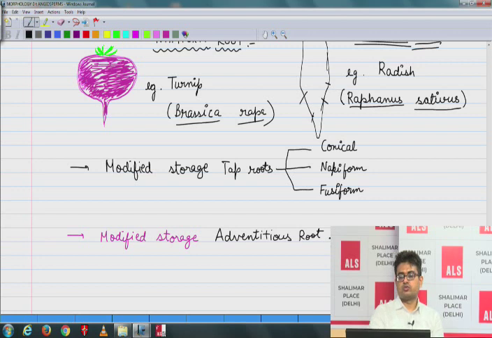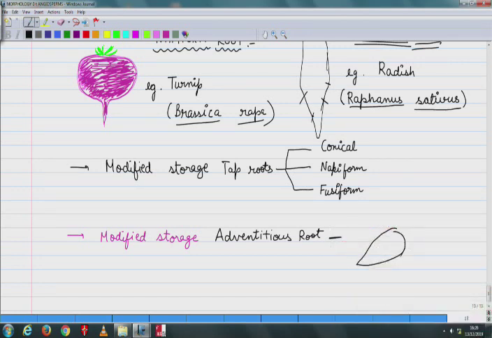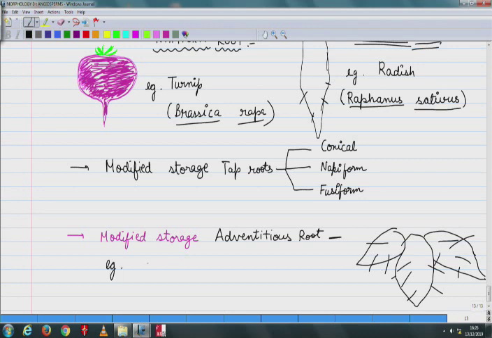The example of this root is, everybody has eaten shakarkand, swollen storage adventitious root, Ipomoea batatas. Example, Ipomoea batatas, sweet potato.